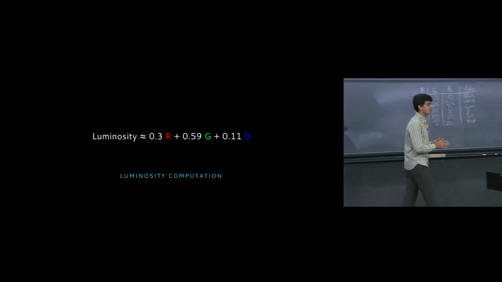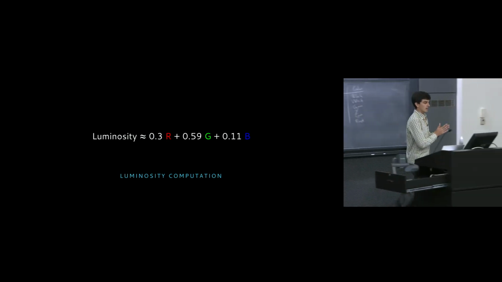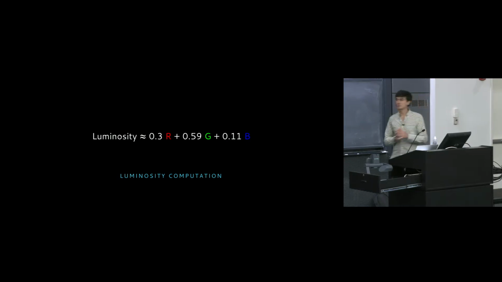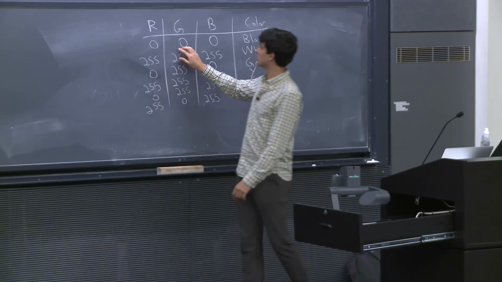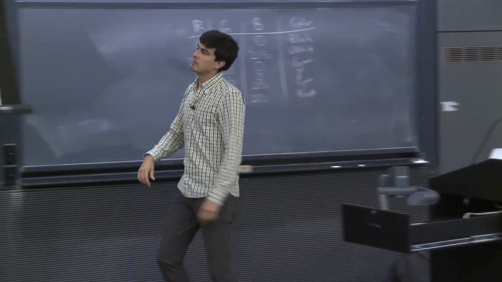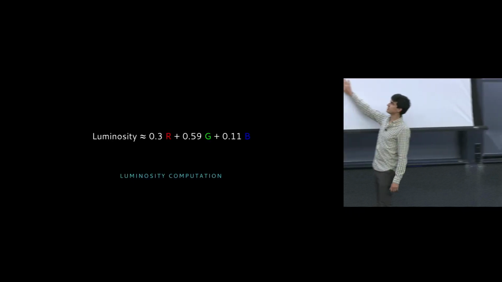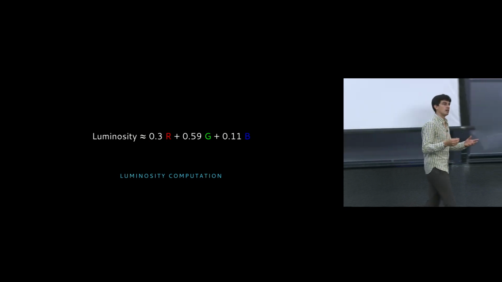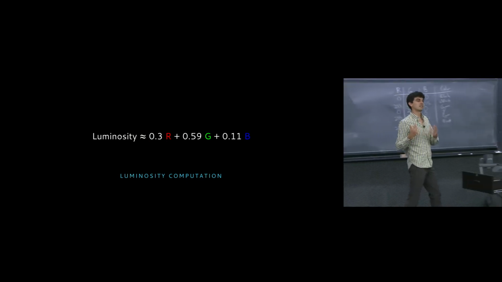So when I was talking about using a luminosity histogram, it is essentially taking the red component, the green component, the blue component of each individual pixel, piping it through this luminosity computation, and getting out an apparent luminosity value.